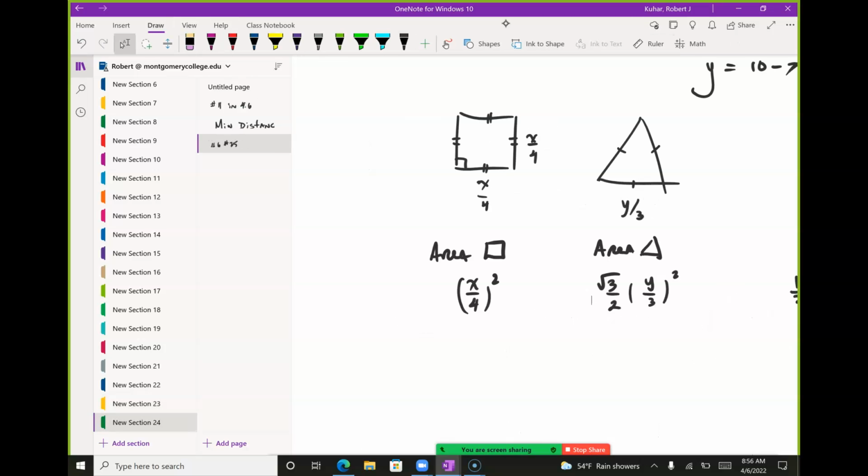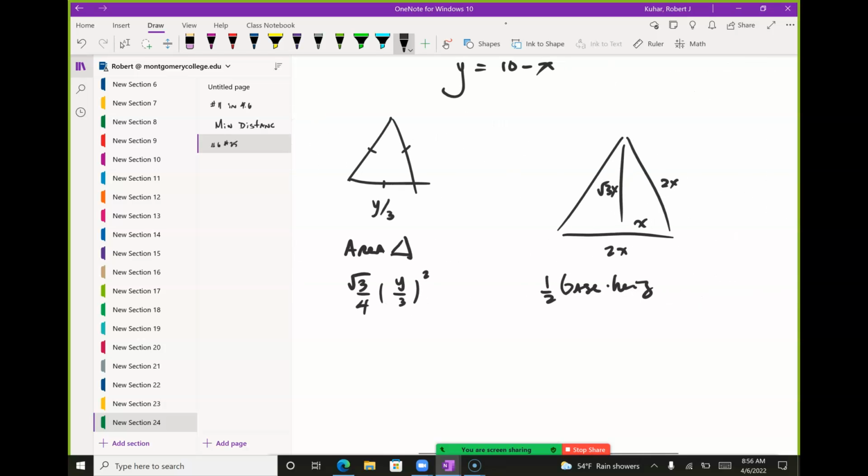And like I said, if I gave you something this complicated, I would give you that formula. Double check it for me though, right? Let me just double check one more time. So I know my base is Y over 3. Square root 3 over 4 a squared is area, side squared, right?